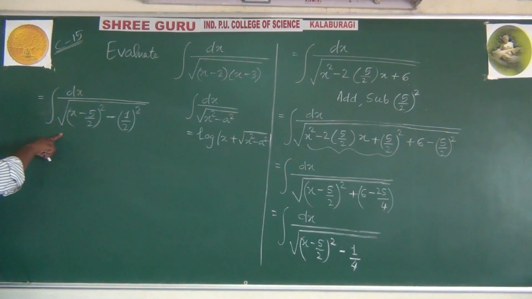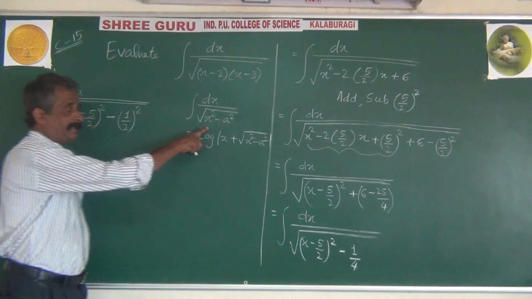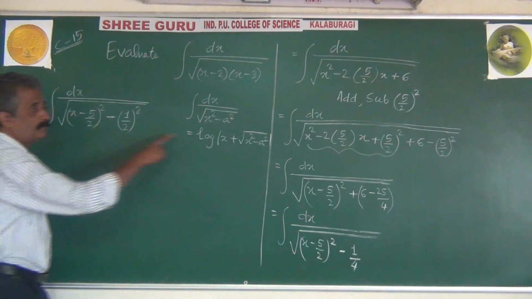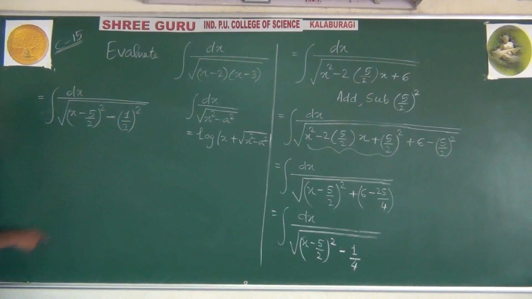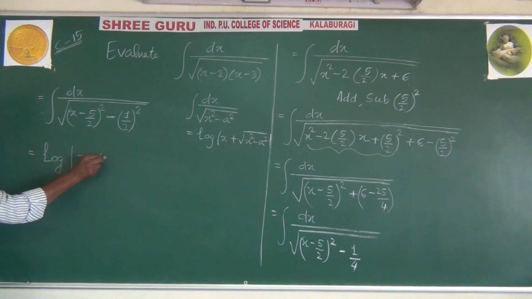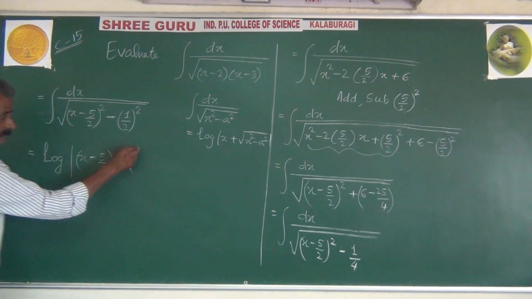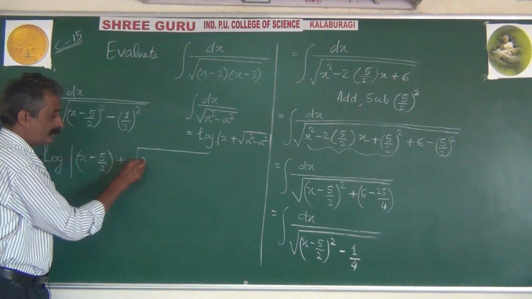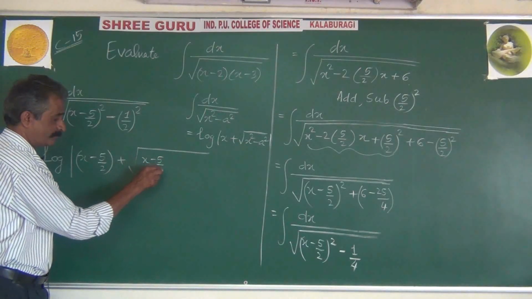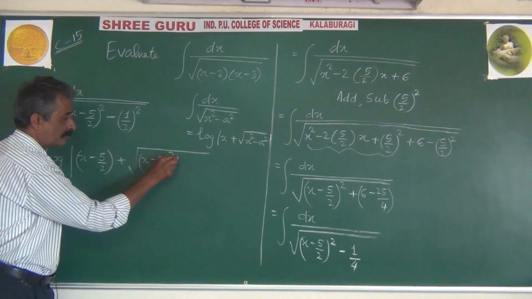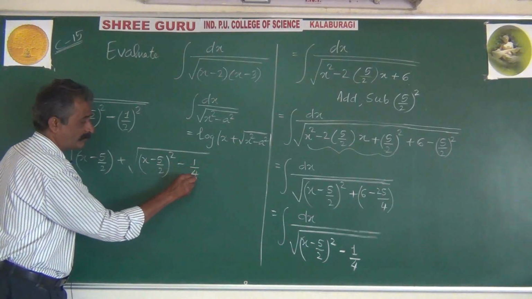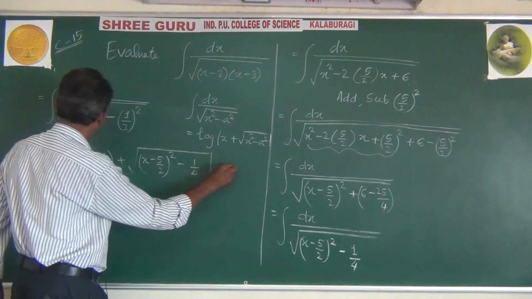Now this integration is exactly of this format. x means x minus 5 by 2, a is 1 by 2. So let us use that formula. The answer becomes log modulus of x minus 5 by 2 plus the square root of (x minus 5 by 2) whole square minus (1 by 2) square, meaning 1 by 4, plus constant.